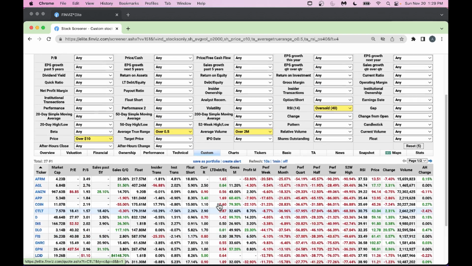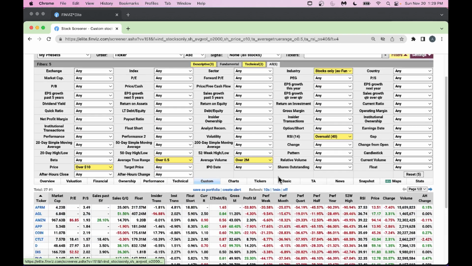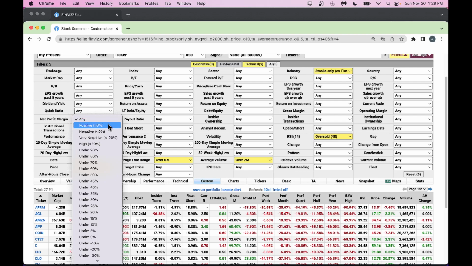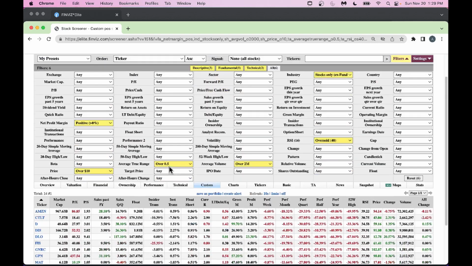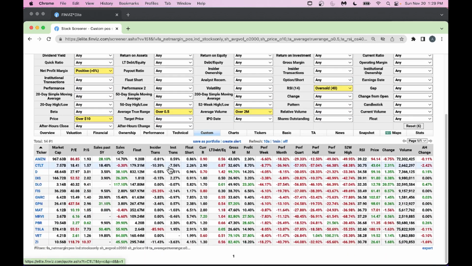I can just go here and look, we got gross margin here and profit margin right here, net profit margin. I can say positive here, so it will bring down the list further. Look, now we got the list here. From 8,700 stocks, we are into 14 stocks. This is what I want to trade and make money.